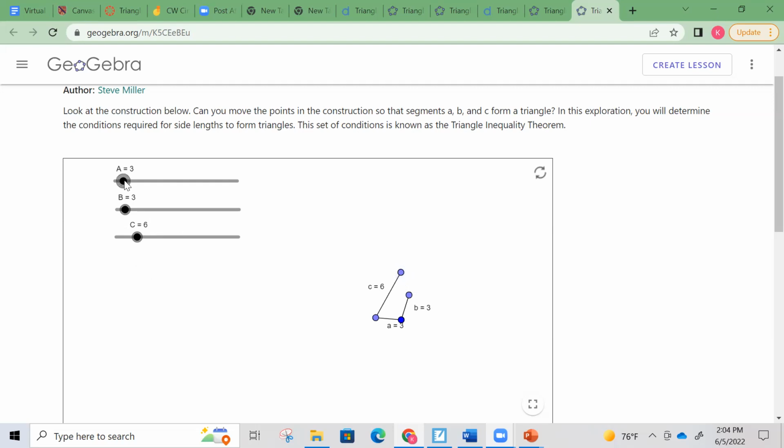But let's say I change this one to 4, and again, you're going to have to mess with it a little bit to get it to work.